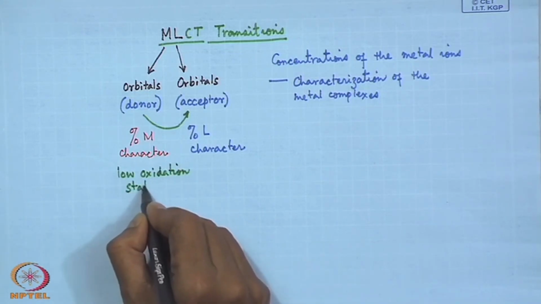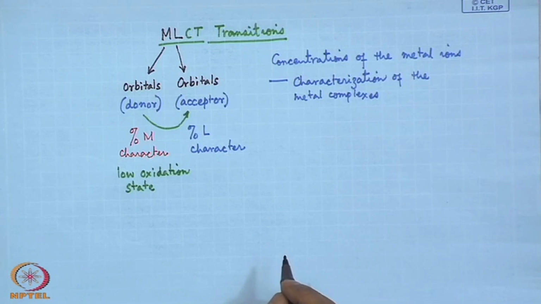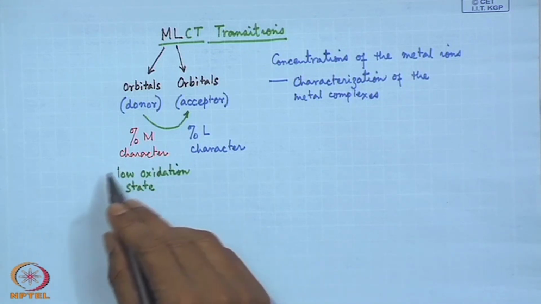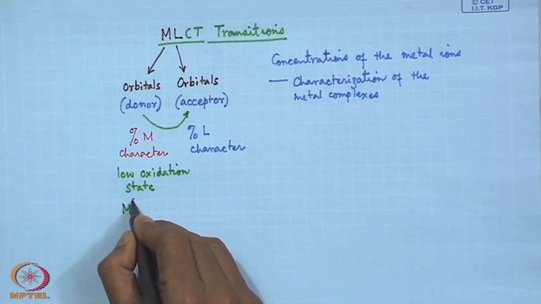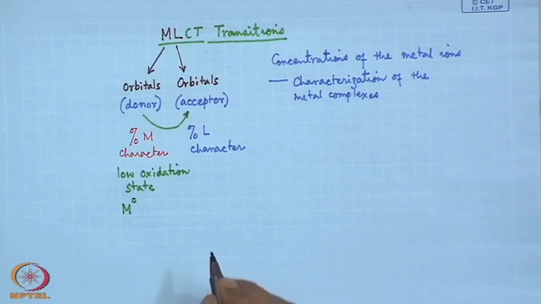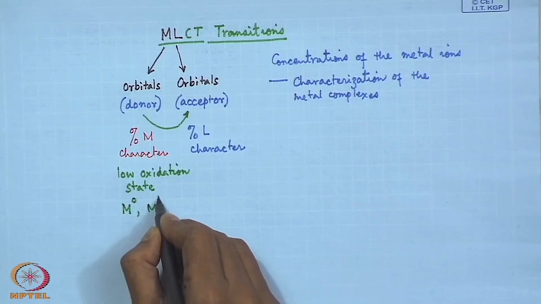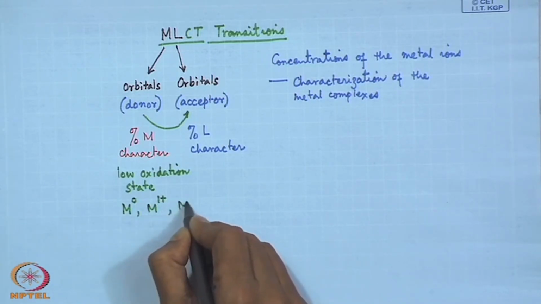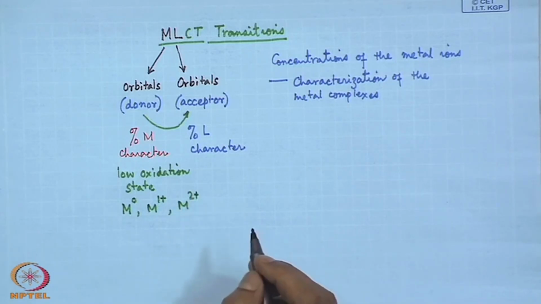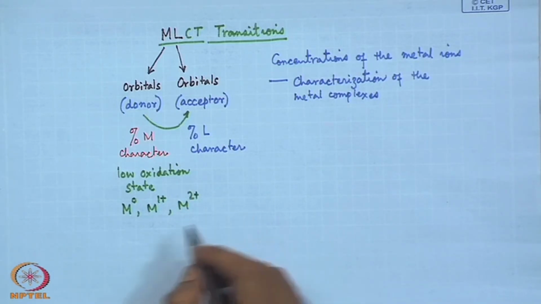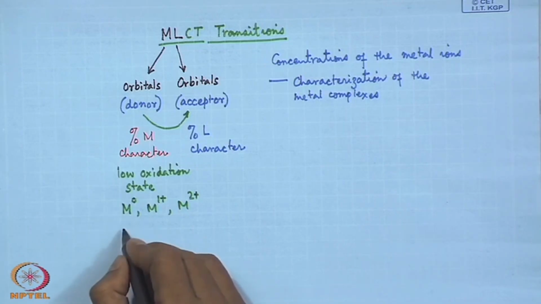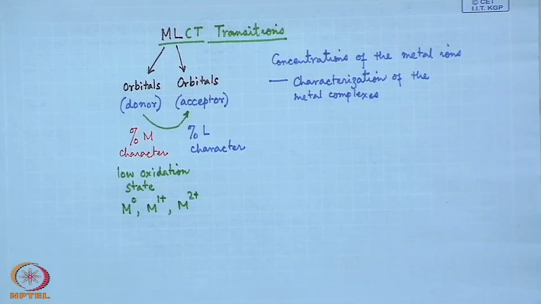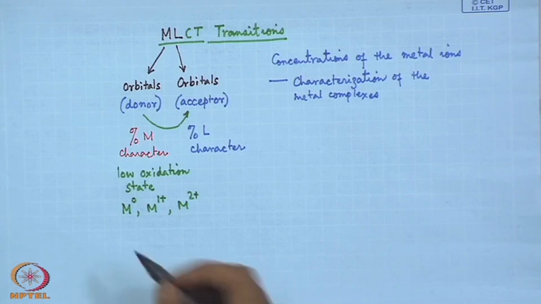We have certain metal ions which can be in the zero oxidation state, or M1 plus or M2 plus oxidation states, and in all these cases most of the orbitals which are available for the free ion are filled.